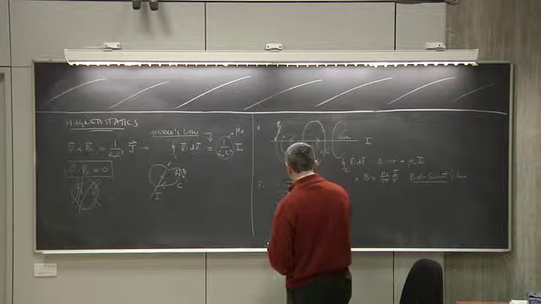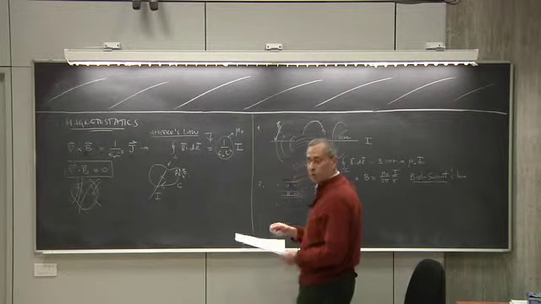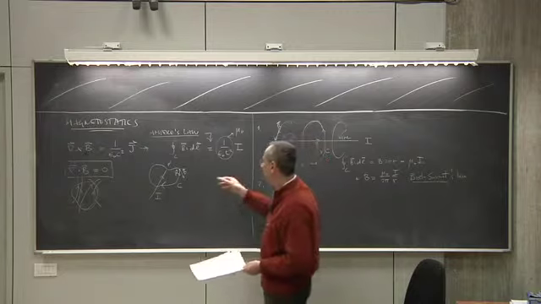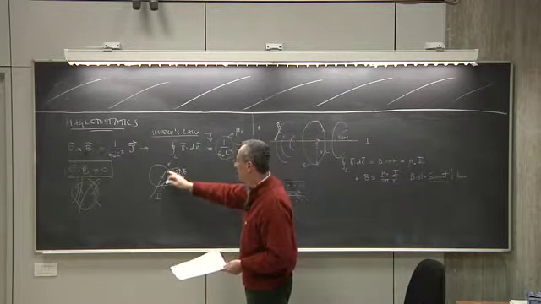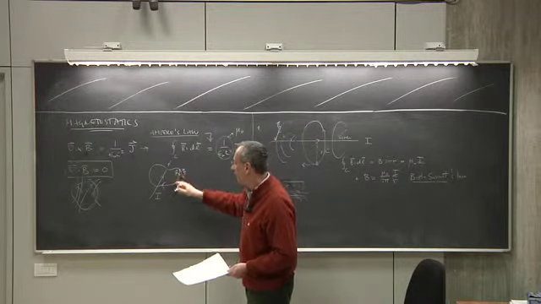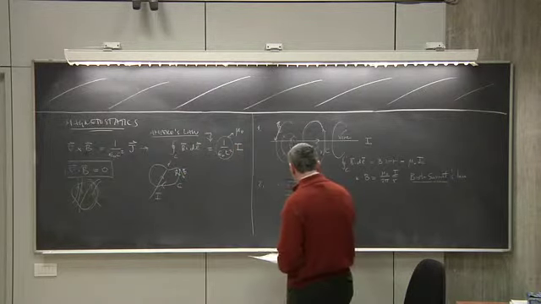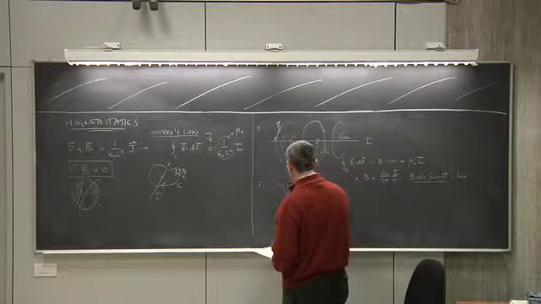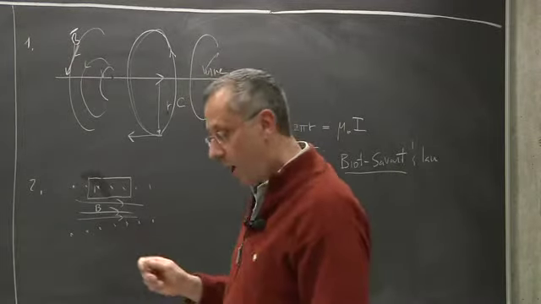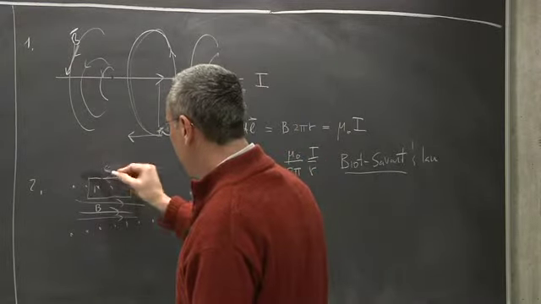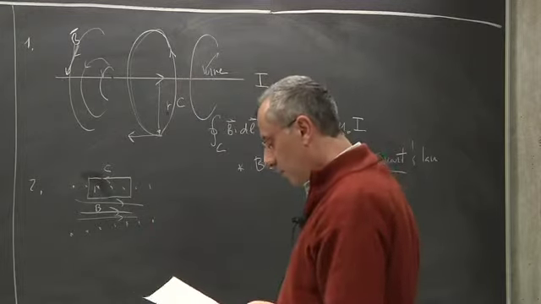You have to be clever and pick a wise path for your integral, and this would be something like this. It has to include some of the wires, because if there are no wires cut by the surface defined by this path, then you get 0. So you go around like this, and you include a certain number of wires. This is going to be my C in this case.